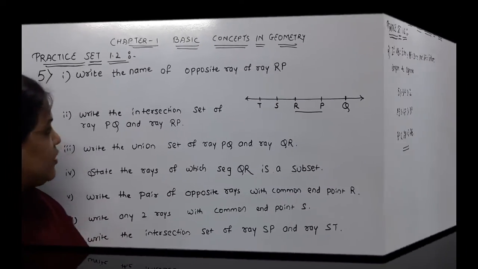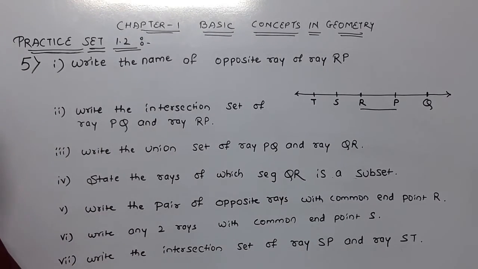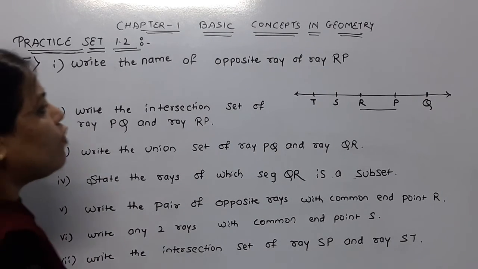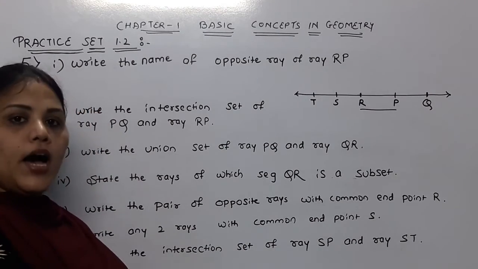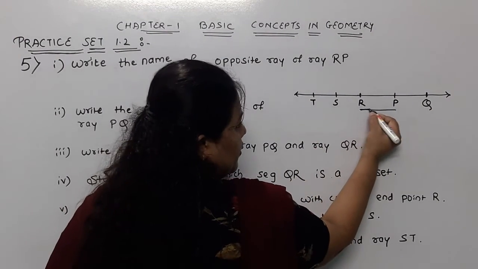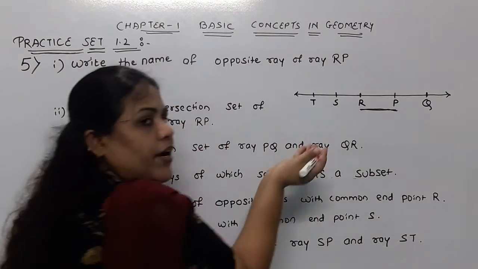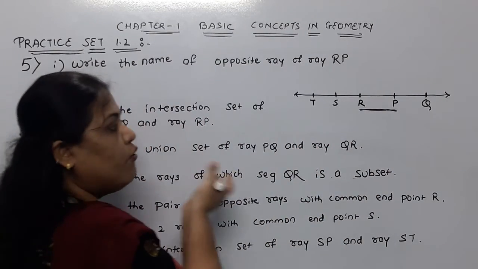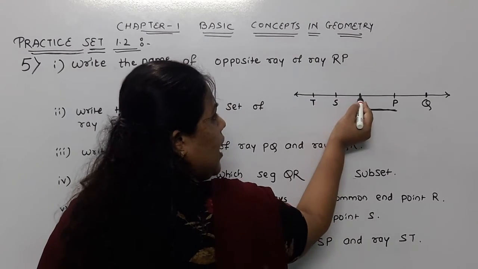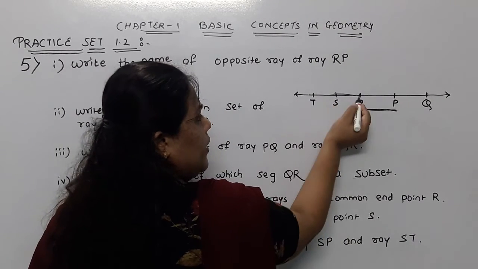Now see the fifth sum of practice set 1.2. We have a few sub questions in this, and the first one is: write the name of the opposite ray of ray RP. So here RP is given. This is the ray. We have to find what is the opposite ray of RP. So if I consider this, I will say that RS or RT.